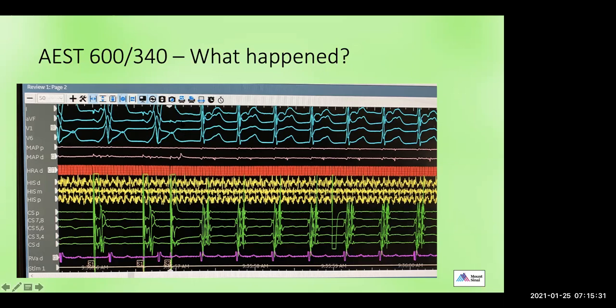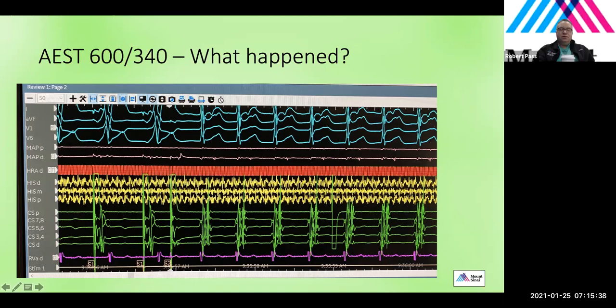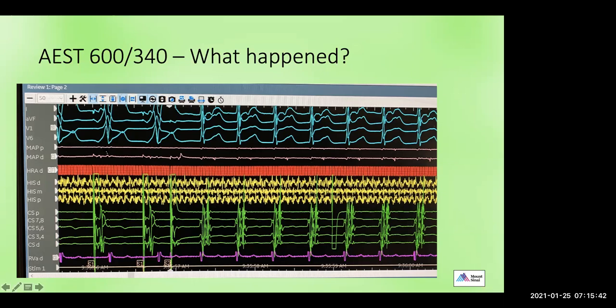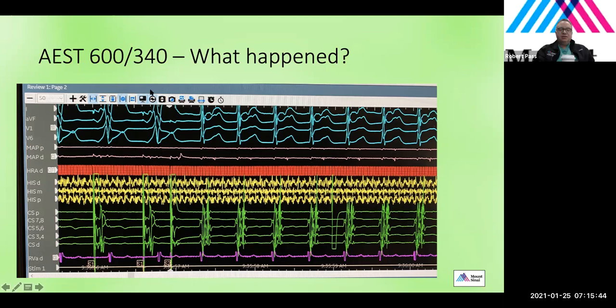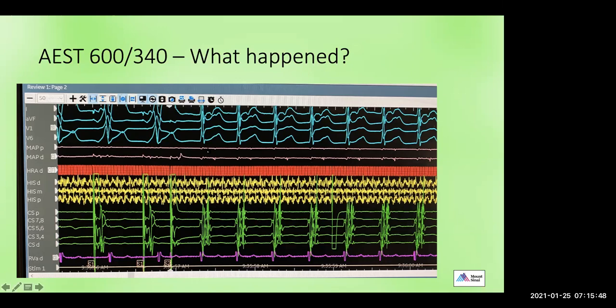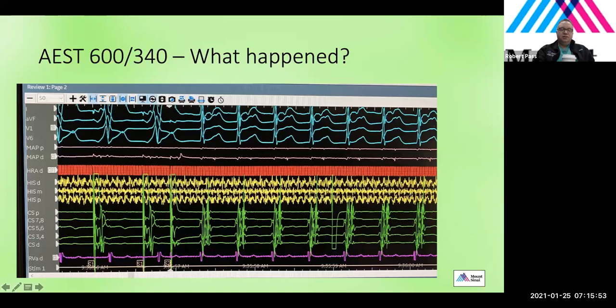So the VA interval changed. So what are we doing here? Are we pre-excited on these beats? Yes, we are. And then when we go 600, 340, what happens? I guess we'll lose the pre-excitation again. Right, so what will we call this when we lose pre-excitation?